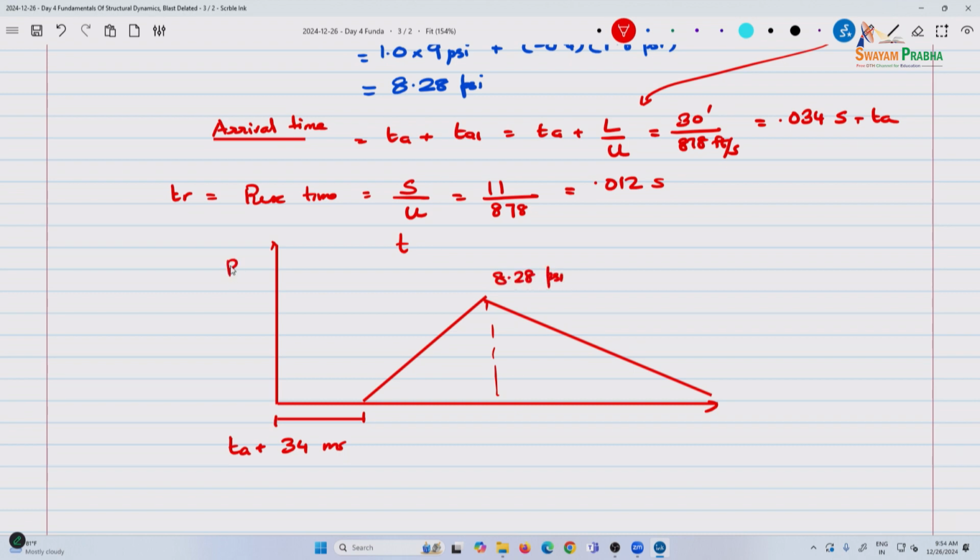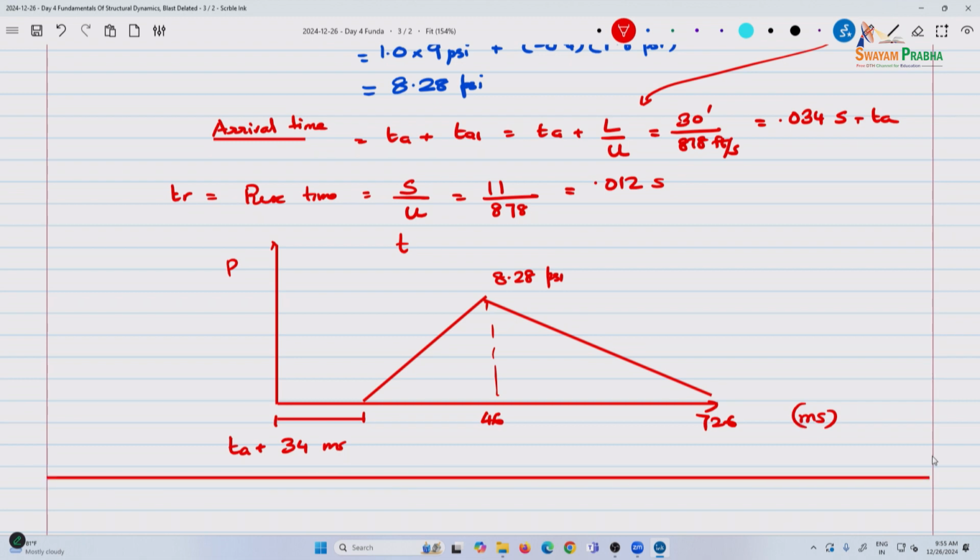And 72.6, and this is 34 plus, let's say, 12 is 46. And all of this, note no negative pressures.